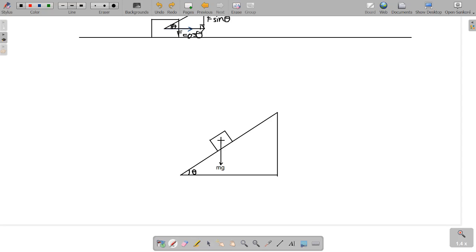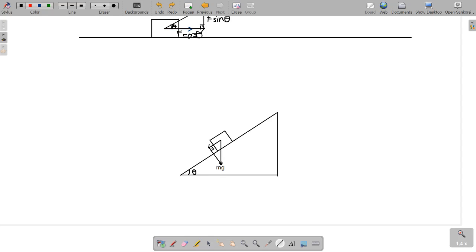So the answer is to resolve forces. You can do similar triangles.